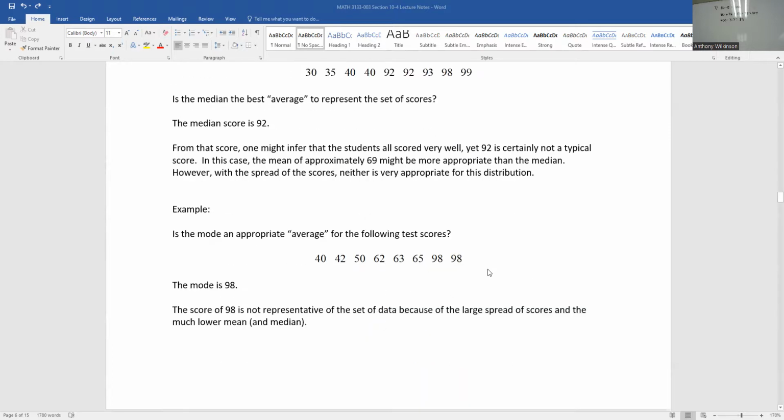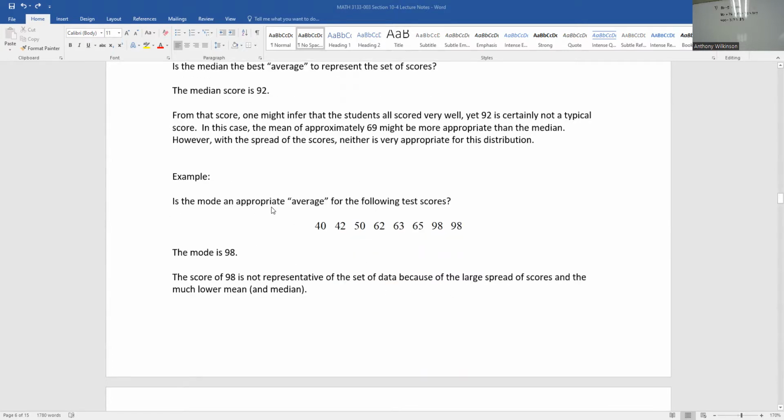And here's another case here, where is the mode the appropriate average for these test scores: 40, 42, 50, 62, 63, 65, 98, and 98. Well, we come up with a mode of 98. That's the most frequent score. It's also not representative of this data set because you've got this huge spread of scores from 40 to 98.